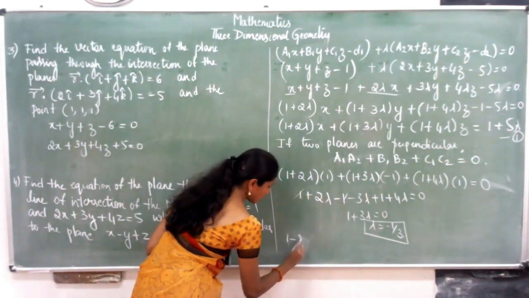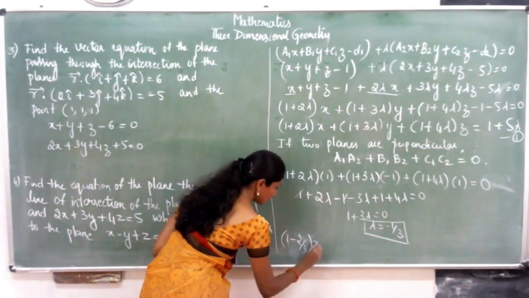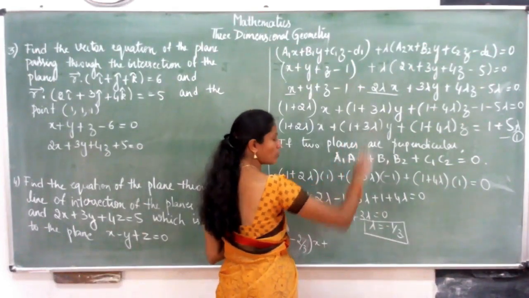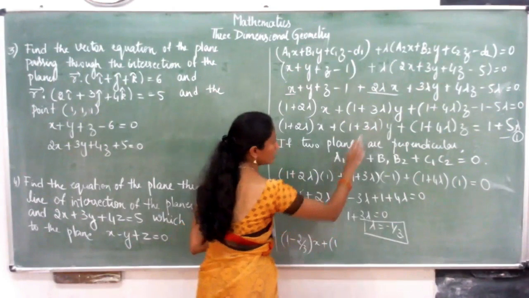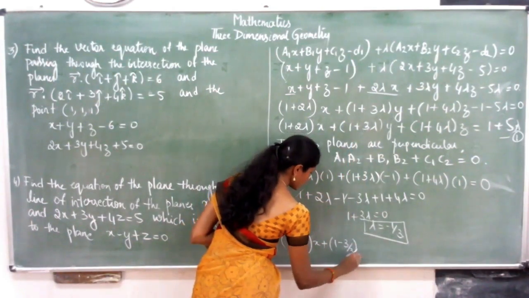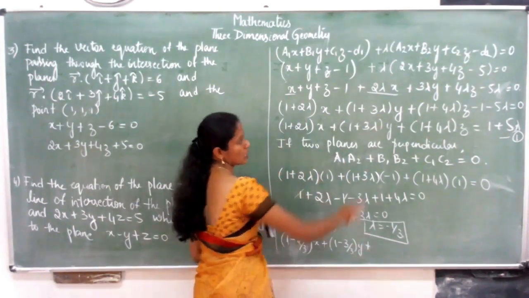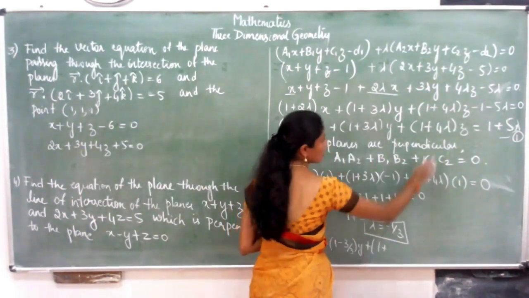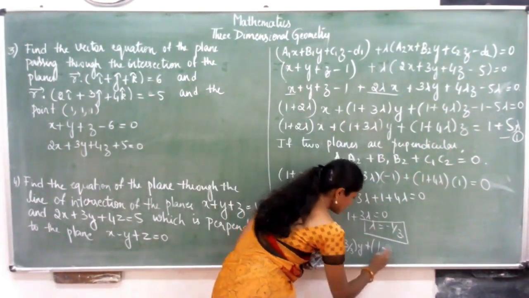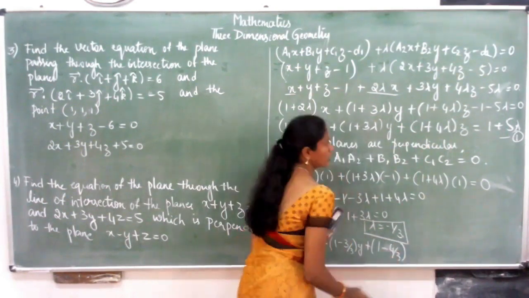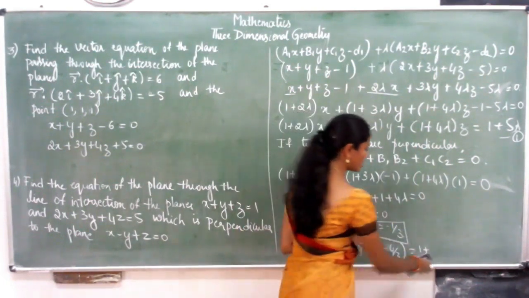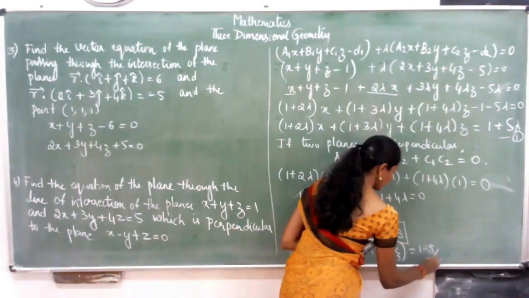So 1 minus 2 by 3 into x, next plus 1 plus 3 into minus 1 by 3, it will be 3 into minus 1 by 3, minus 3 by 3 into y, then plus 1 plus 4 into minus 1 by 3, it will be minus 4 by 3 z is equal to 1 plus 5 into minus 1 by 3, it is minus 5 by 3.